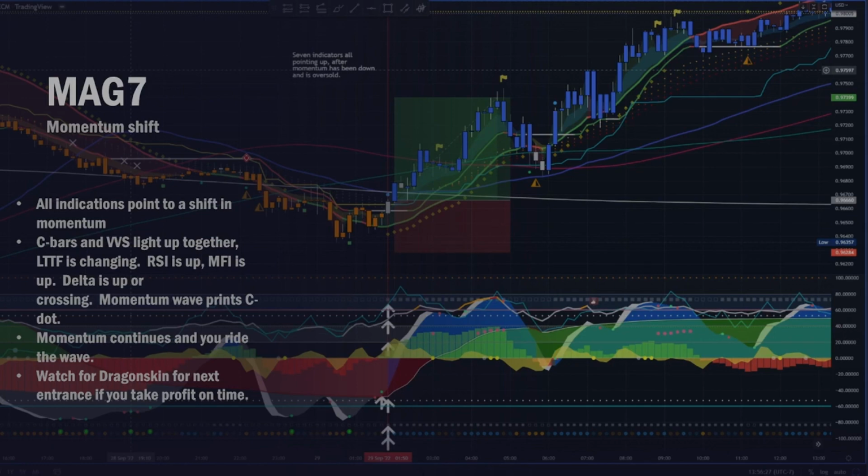It's great at identifying continuation in the trend after we've had the pullback and consolidated, and it's great after we've had a dump and then consolidated for a while, and then you see it print. Those are the times when I'm going to take one of these trades.